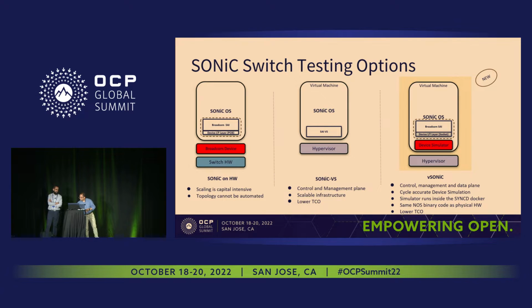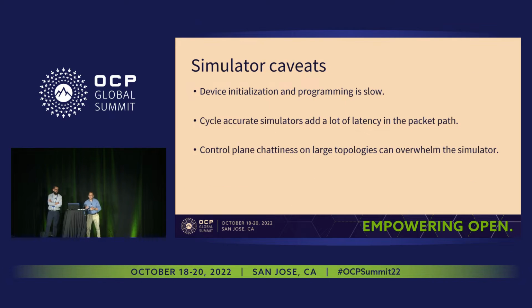But simulators are slow, especially if you are looking at a very cycle accurate simulator, which exactly emulates how the chip behaves. There are a lot of overheads in processing, right? The device initialization itself could be very slow.